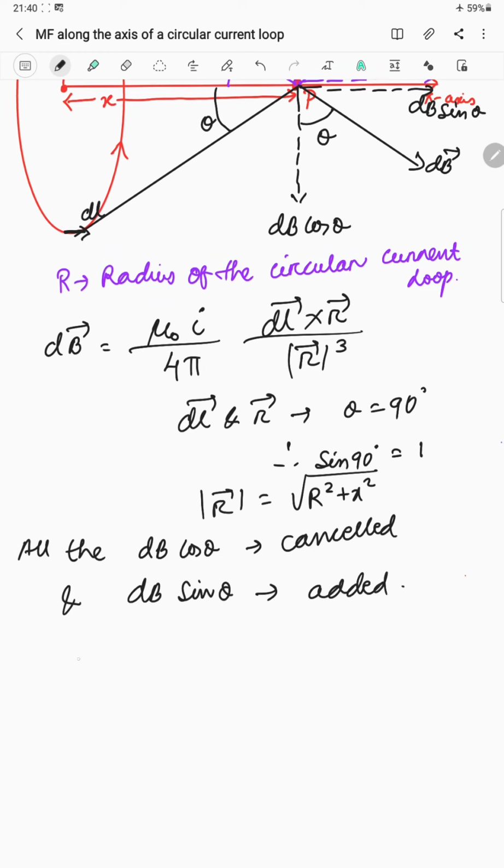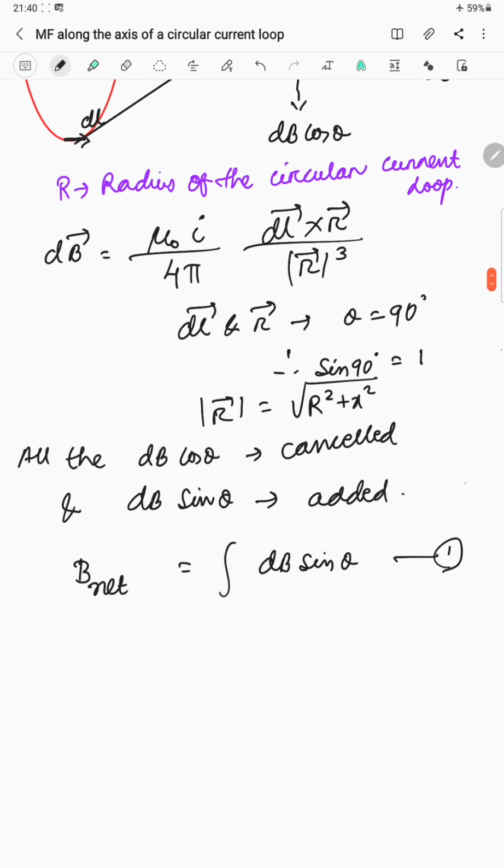So if I want to find out what is my B net due to the whole current loop, it will be the integration of dB sin theta. Let us give it as equation number 1. Now what will be my dB then? dB is mu naught I divided by 4 pi, dl cross r by r cube.